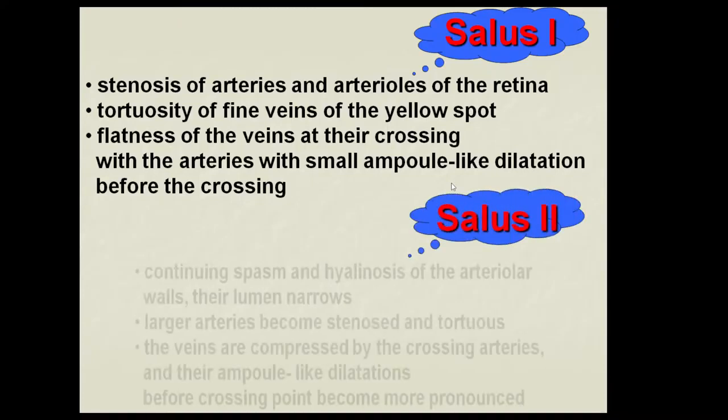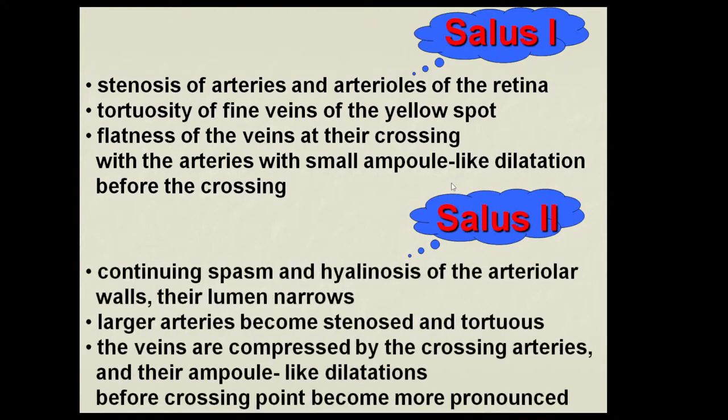Second degree Salus symptom becomes more progressive. The arterial lumen is significantly narrowed. The course becomes tortuous. The vein, due to compression of the artery, simulates rupture.